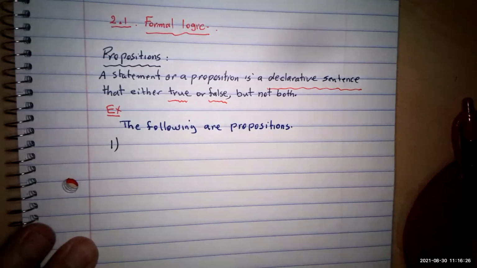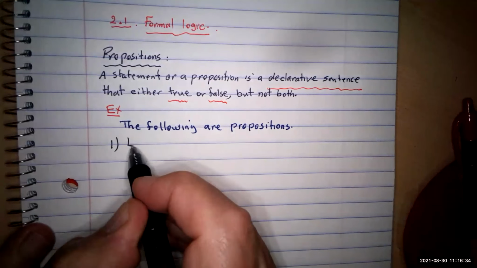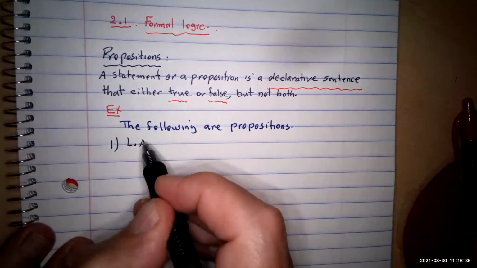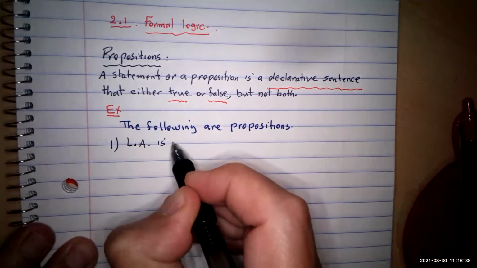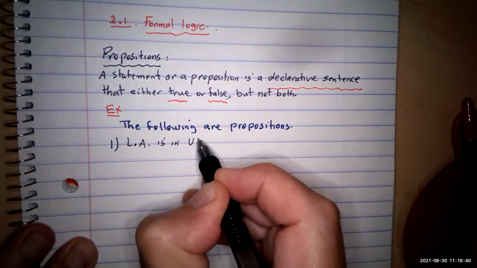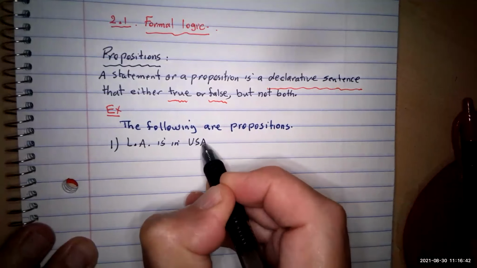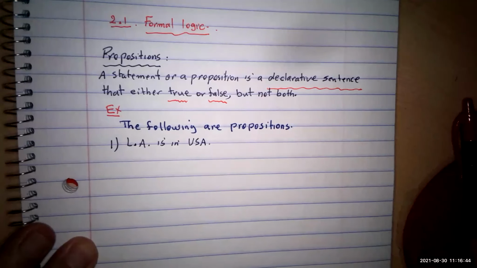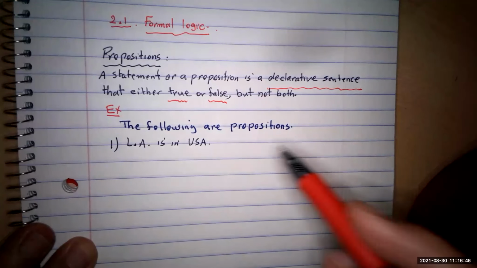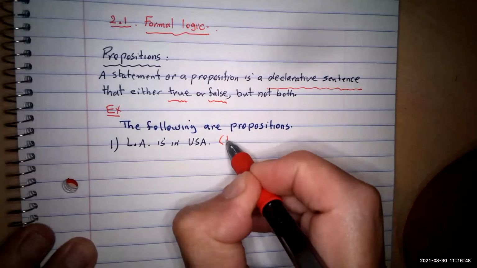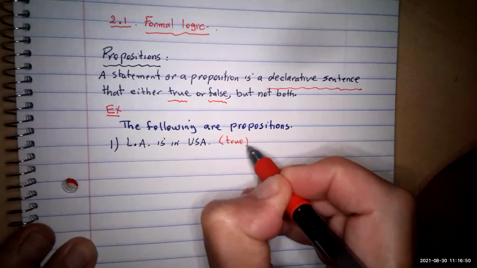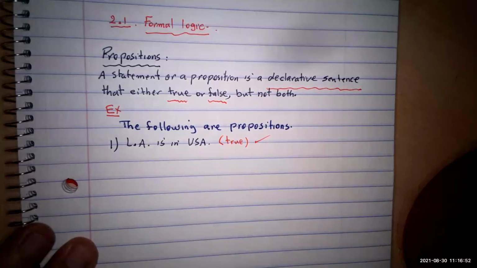For example, LA is in USA. It's a sentence that gives you news, and that news is true. So LA, Los Angeles, is in USA, and we can consider that to be true. So this is a proposition. Any question?